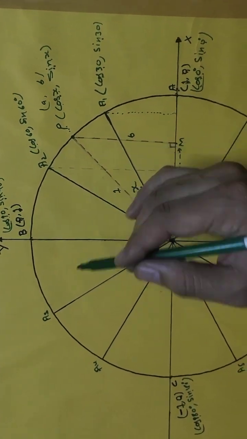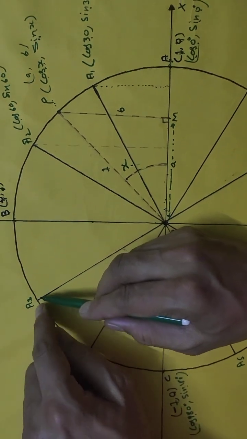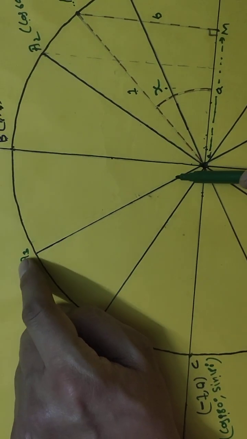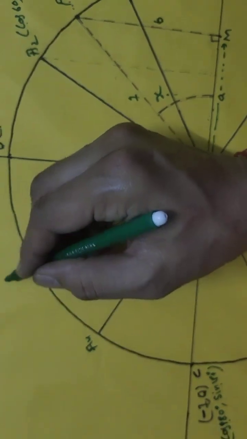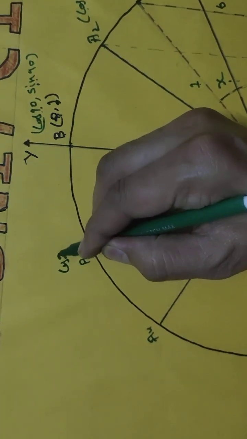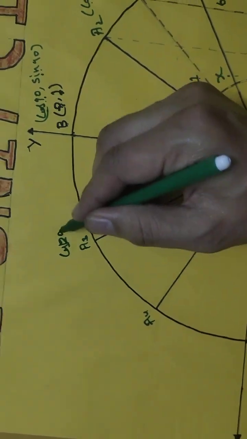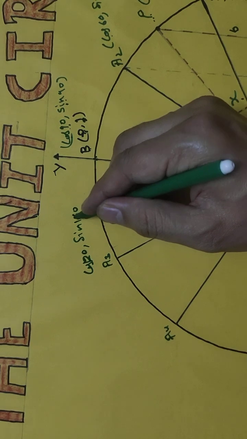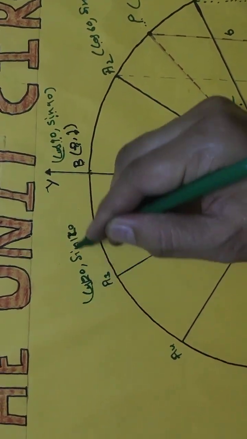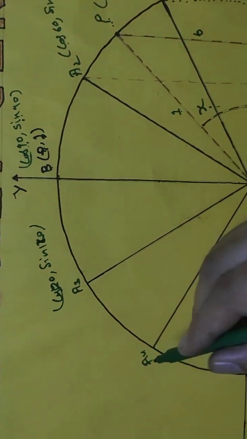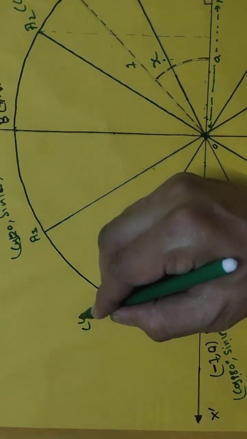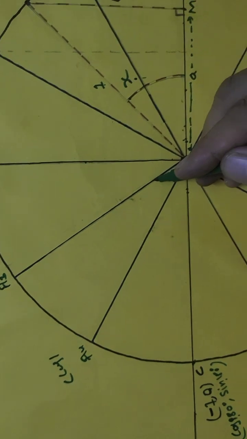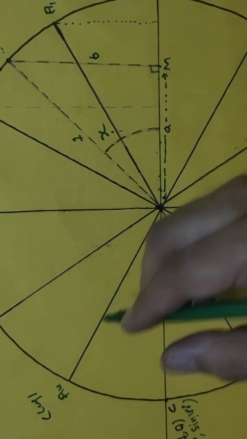Parallelly, if you see this point, angle becomes 90 plus 30, that is 120. Coordinate becomes cos 120 comma sin 120. Clear? And coordinate of this point becomes cos 150 comma sin 150, that is 120 plus again 30.